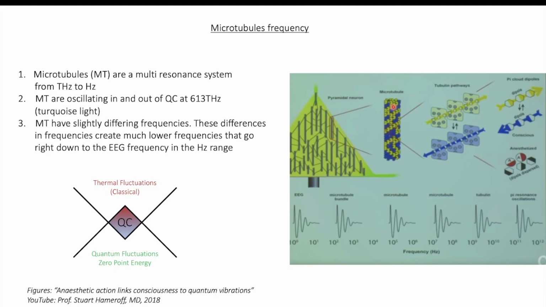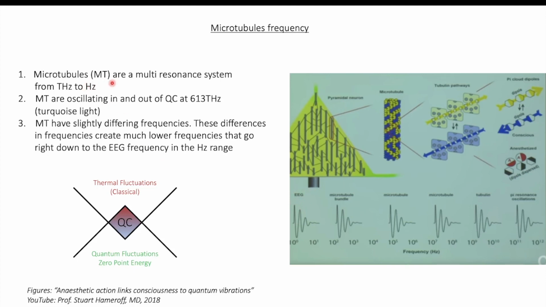and they oscillate at the terahertz frequency, and there are slight differences in these terahertz frequencies, and they modulate to much lower frequencies, and that goes right down to the EEG frequency that we can measure electromagnetically.